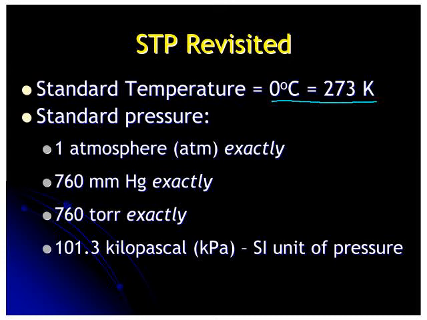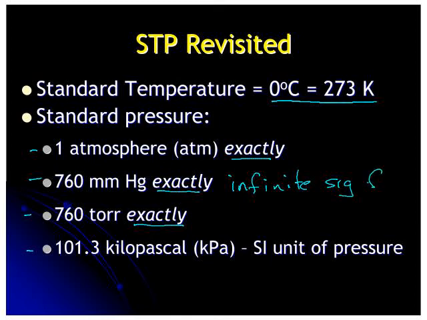And standard pressure is 1 atmosphere exactly, or 760 millimeters of mercury exactly, or 760 torrs exactly, or 101.3 kilopascals, which is the SI unit of pressure. The reason these say exactly is because these are exact conversions, which means they have infinite significant figures. So they're not going to limit our significant figures.